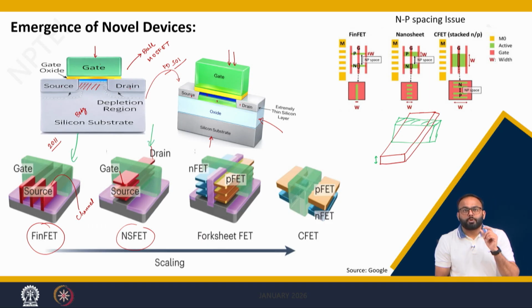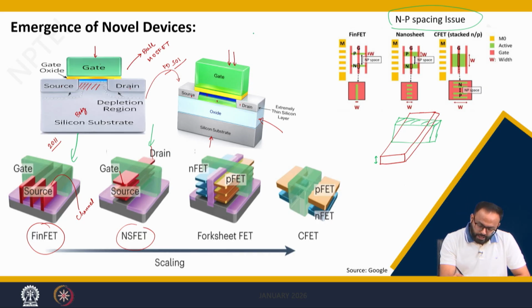evolution also there is a problem in terms of NP spacing, meaning in the circuit whatever you are going to design, for example, the logic application, then you require both the transistors like NMOS and PMOS. So, you have to maintain a minimum spacing between NMOS and PMOS.